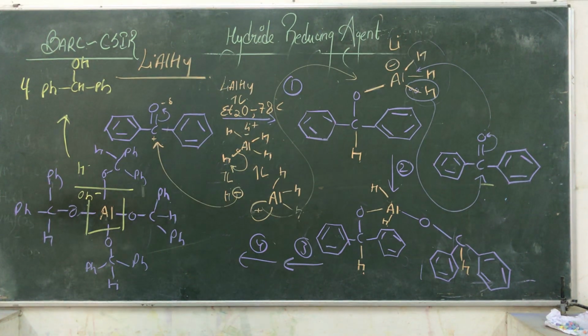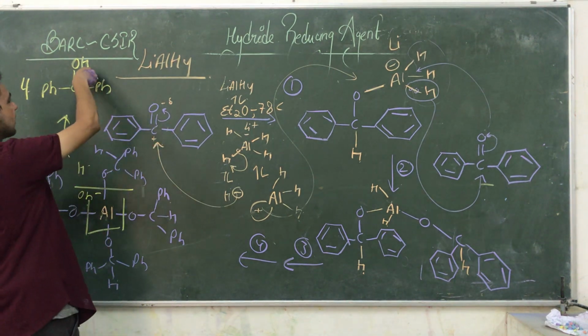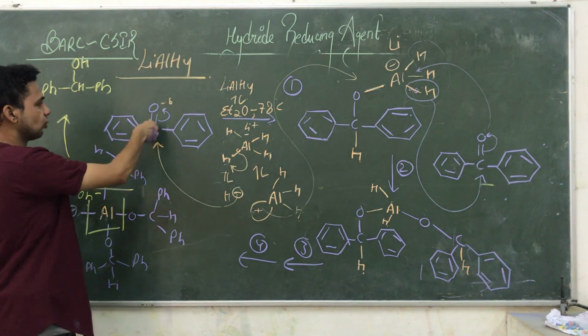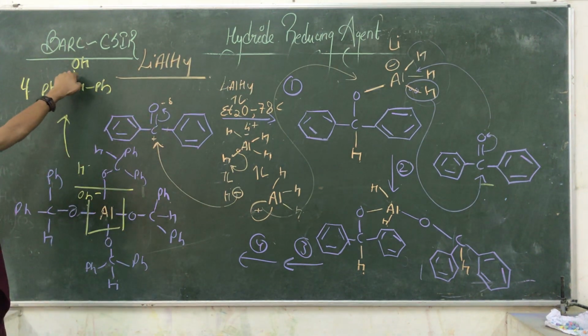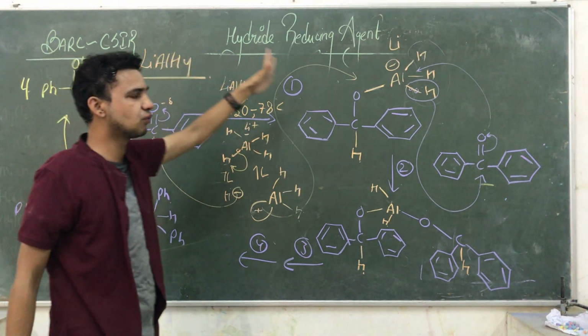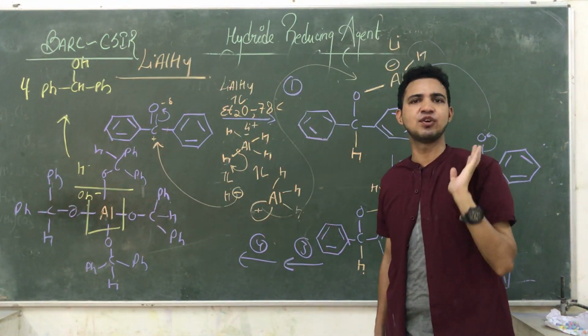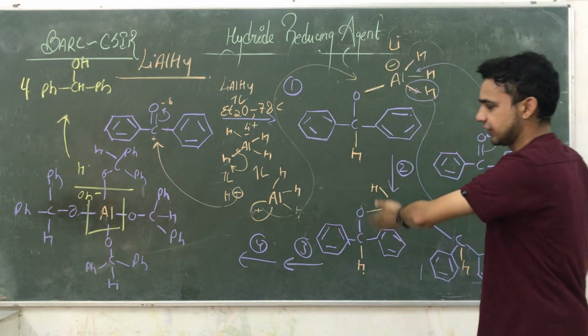So what happened in case of guys? So here the lithium aluminum hydride is converted the whole benzophenone molecule into this alcoholic functional group. So if you want to reduce a ketonic group, so ketonic group is converting into this alcoholic group. That is a way. So such type of reaction takes place in case of each and every functional group. That is a way of conducting a reaction.